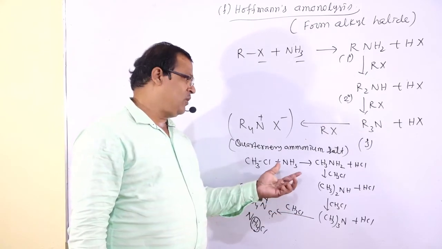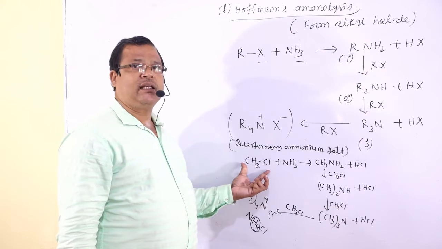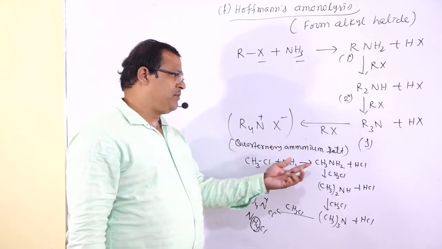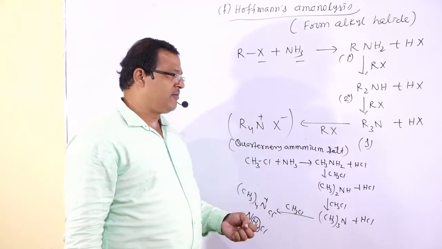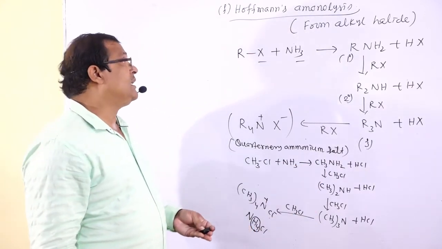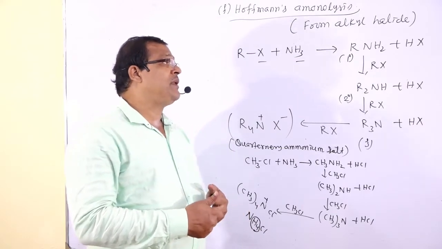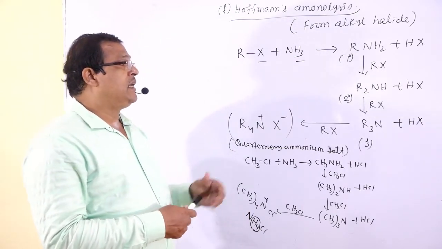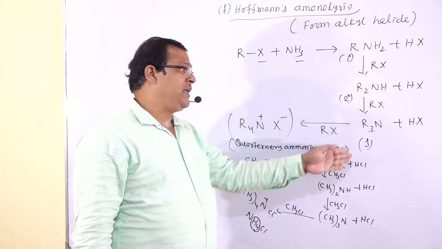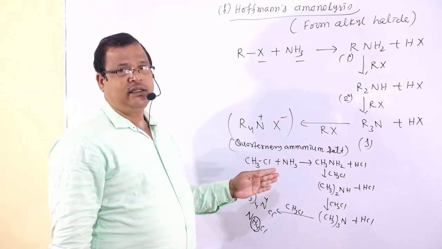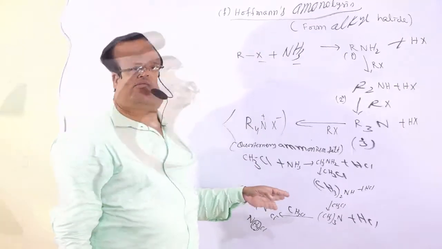We have to control the concentration of the alkyl halide for the preparation of primary or secondary or tertiary. So this is Hofmann's ammonolysis, the method of preparation of amines from alkyl halide, the reaction of alkyl halide with ammonia.